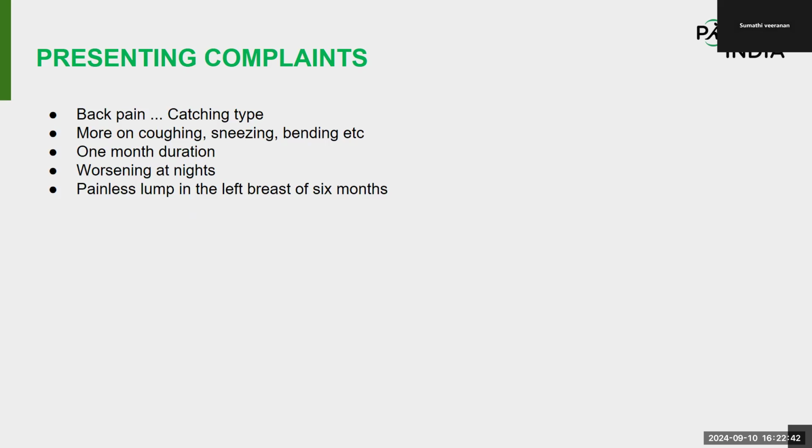Back pain. Back pain, it's a catching type of back pain. So do you think something is missing there? Participants, please respond. I've been talking since long. I would like to hear from you all.